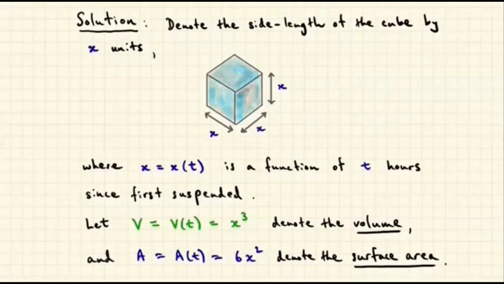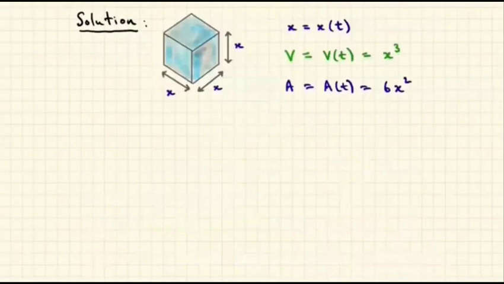In fact, we want to know when the ice cube disappears. So we want the time t at which all of these will be 0. The key physical fact which starts our mathematical modeling is that the rate of melting of the volume of the cube is proportional to the surface area of the cube.